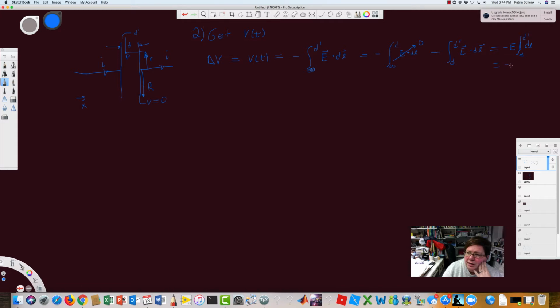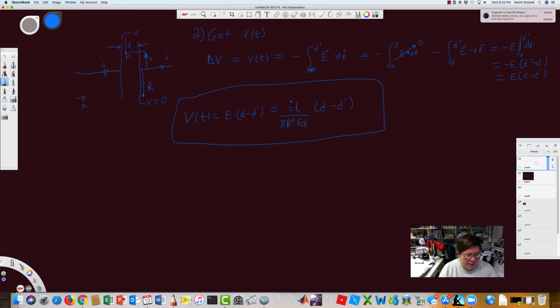And of course, that's just minus E times d prime minus d. And so that's just going to be E times d minus d prime. Okay, so that's pretty simple. So V of t is E times d minus d prime. And we can substitute what we know for E, which is IT over pi r squared epsilon naught, times d minus d prime. Okay, there's our potential.